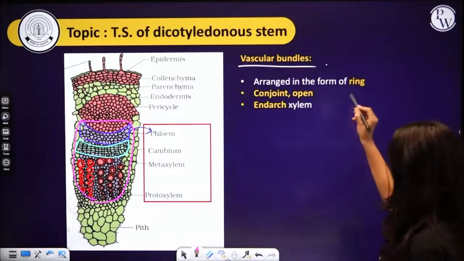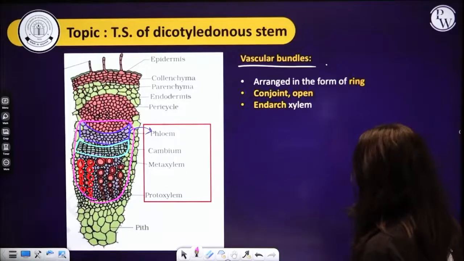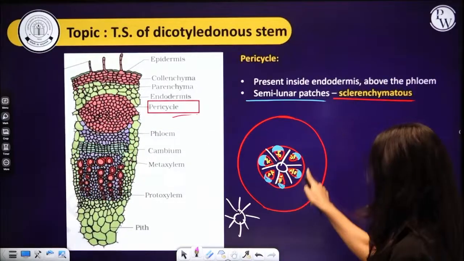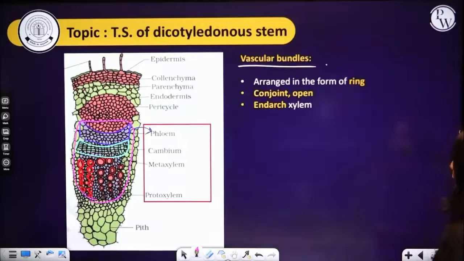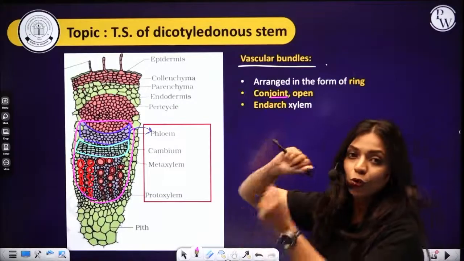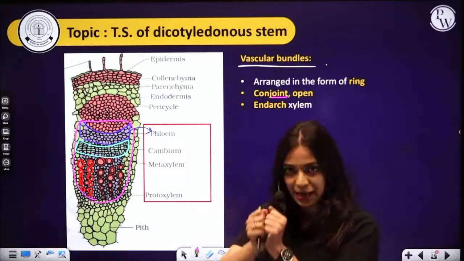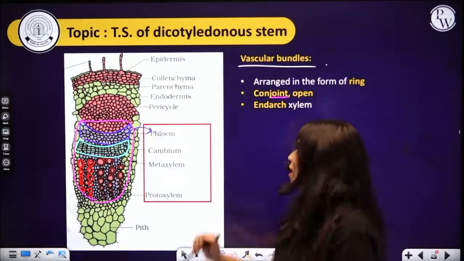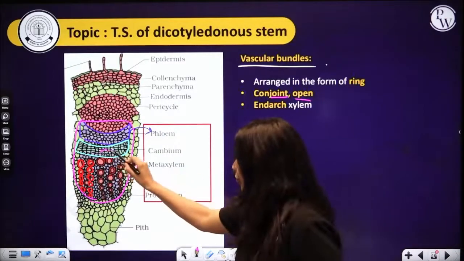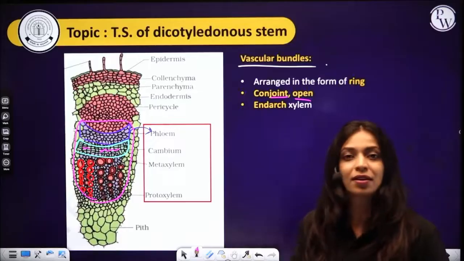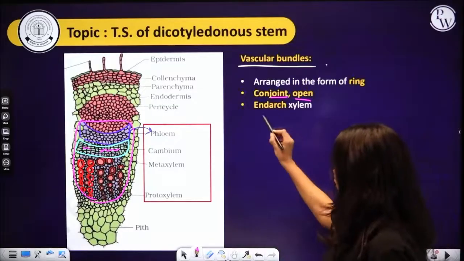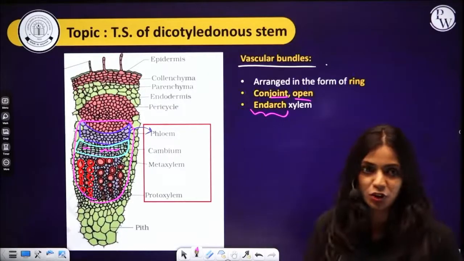Okay, so they are arranged in the form of a ring, which we clearly know. I showed it to you earlier also. It is conjoint because both xylem and phloem are present in the same bundle, unlike in roots. And it is open because there is a strip of cambium between the xylem and phloem. Over here, we see endarch condition of xylem.